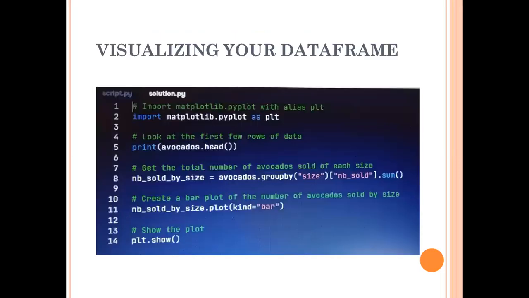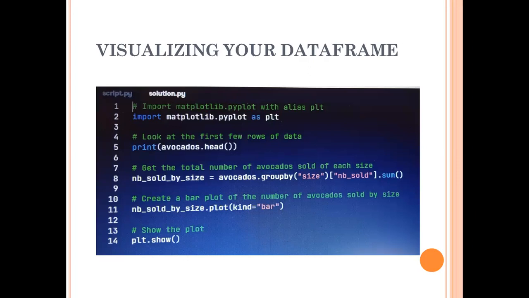At the last, talking about visualizing our data frame. For visualizing my data frame, first of all, I would have to import my matplotlib library. Then, according to a condition, if I want to print the first few rows of data, I would do that. Then, if I want to group my result according to various conditions, I would do that also.